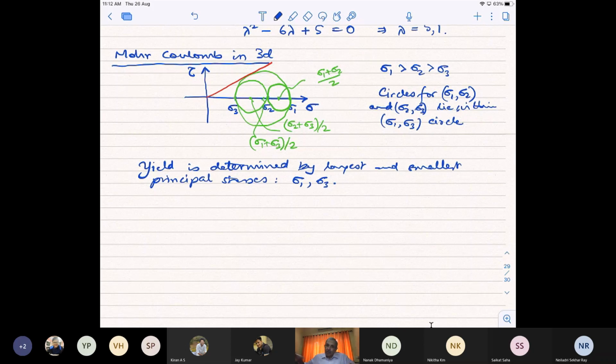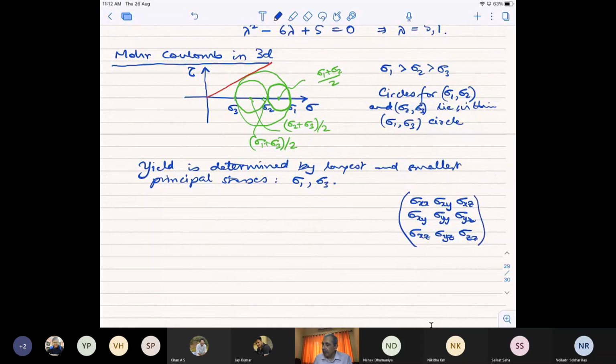So what you can imagine is I've got a 3D system and I've got the whole stress tensor given by sigma xx, sigma xy, sigma xz, then again sigma xy, sigma yy, sigma yz, then sigma xz, sigma yz, and sigma zz.